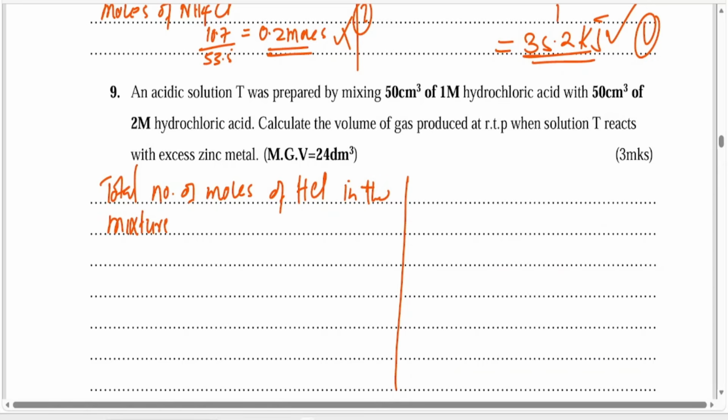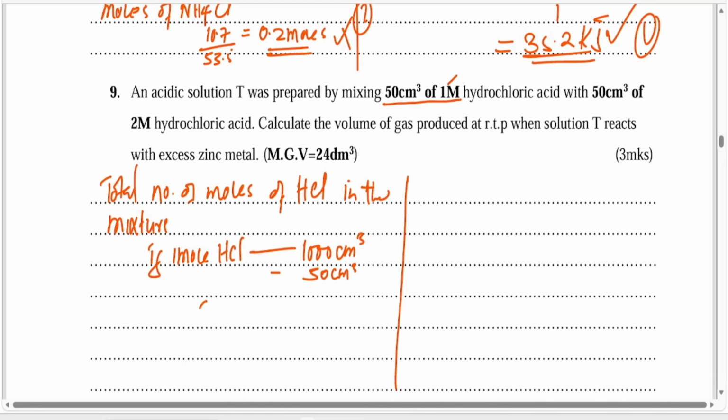So we ask ourselves, we first look at the first set of hydrochloric acid, which is 1 molar 50 cubic centimeters. So we know capital M stands for 1 mole in 1,000 cubic centimeters, or 1 mole in 1 liter. So we ask ourselves, if 1 mole of hydrochloric acid was in 1,000 cubic centimeters, what about 50 cubic centimeters?